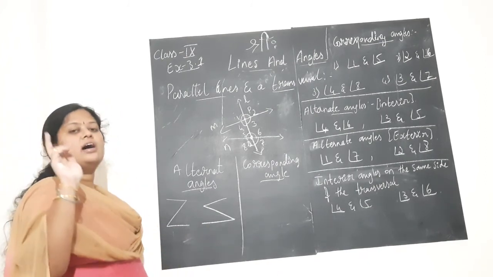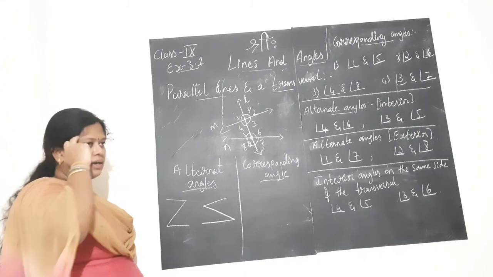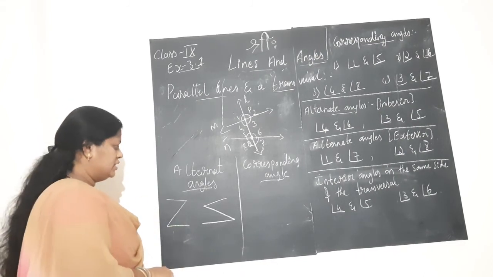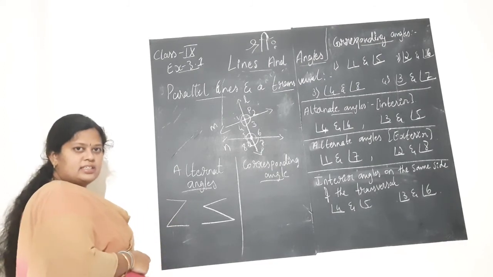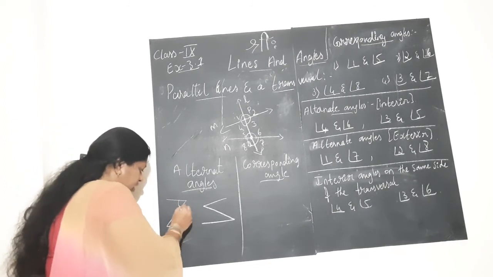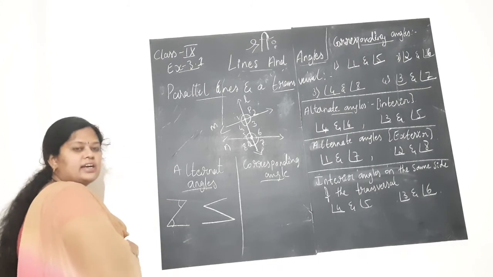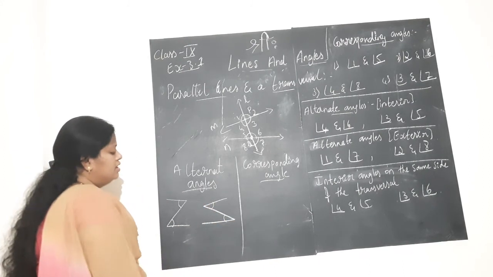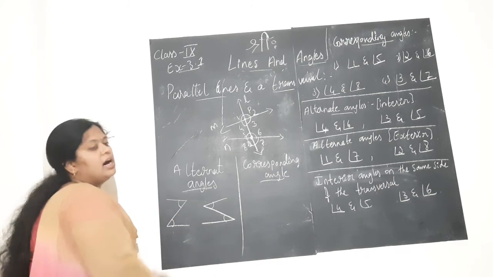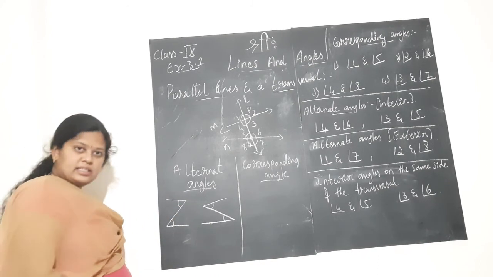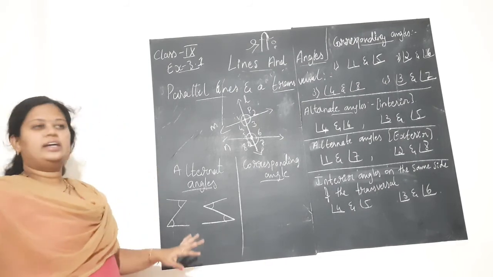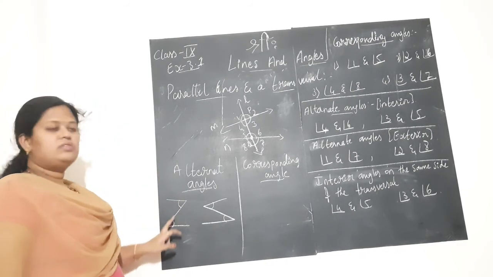Z-shaped angles are alternate angles. Record here: Z-shaped angles are alternate angles. Simply if you write it, where are the angles? See, here is one angle, here is the second angle. In this case, this is one angle, this is the other angle. So these angles are called alternate angles. If you are not at all able to find alternate angles, simply write Z. The two lines will intersect, no?